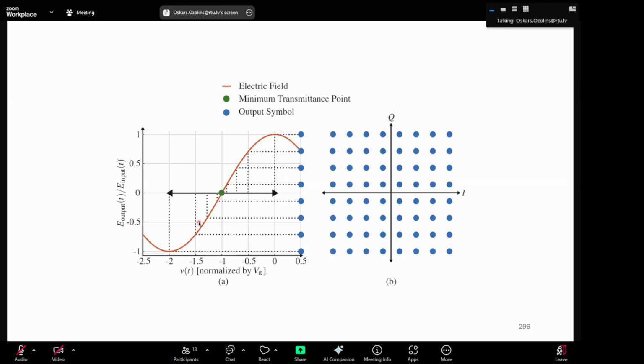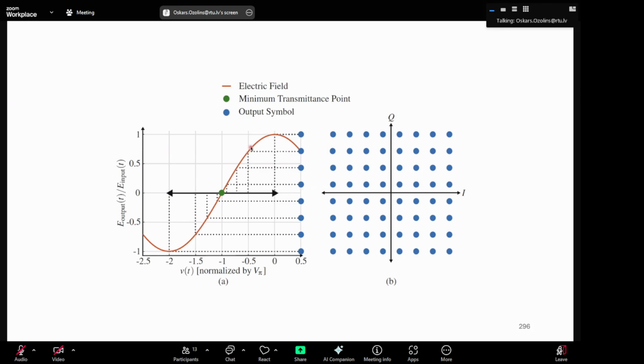This is already a transfer function in amplitude, depending on the voltage you apply. We have a zero voltage, then a positive signal part and a negative signal part, and the spacing will depend on that.